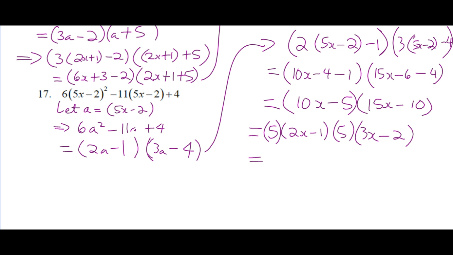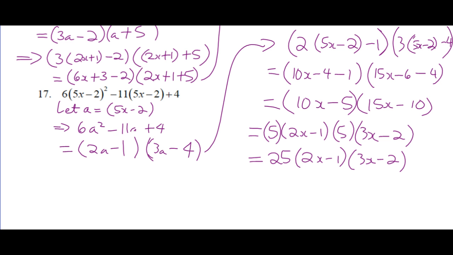So 5 times 5 is 25. And then a 2x minus 1. And now I'm looking back at the original. Was there a common factor in the original? And the answer is no, there wasn't. Is there a common factor when I've got the 2x minus 1 and the 3x minus 4? No. So what happened?